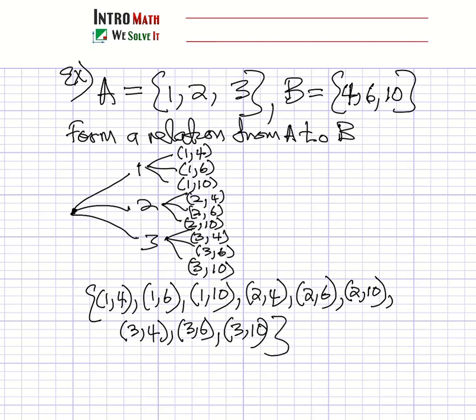Like I said, you can write it as equal to A times B. That's okay, because a relation is a subset of the cross product.